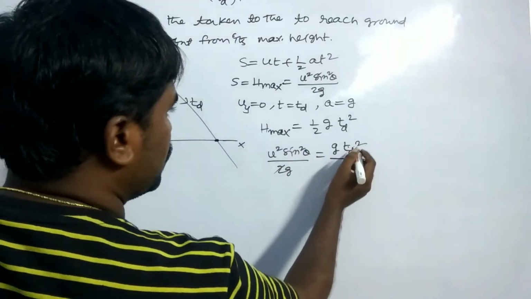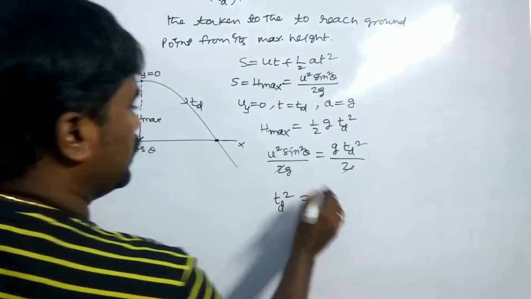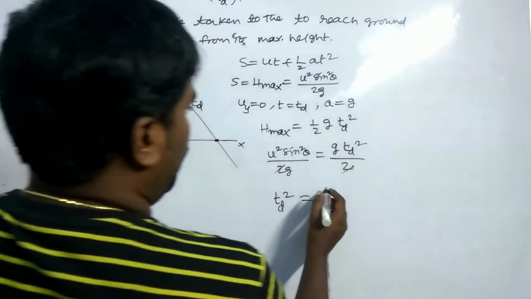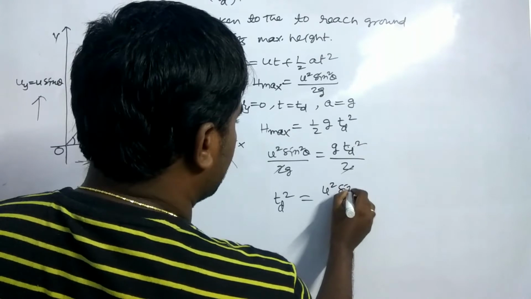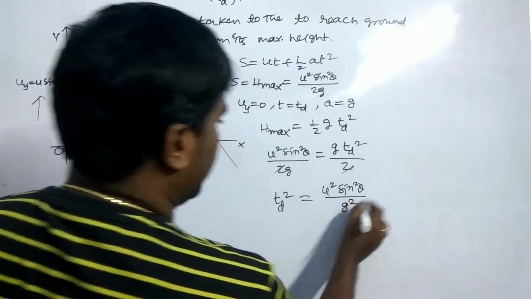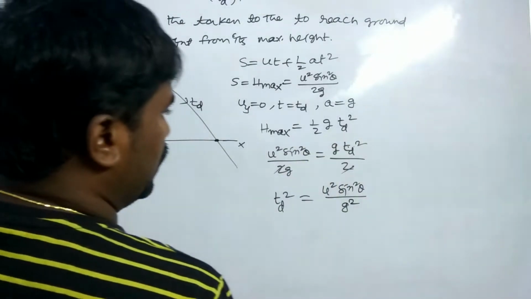Okay, this is TD square. How can you write that? g will go to this side, so u square sin square theta by g into g square, whereas cross multiplication.